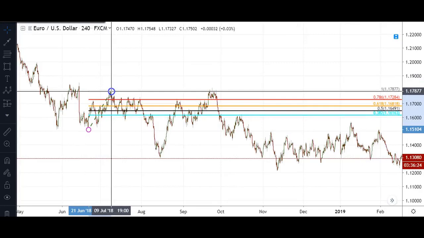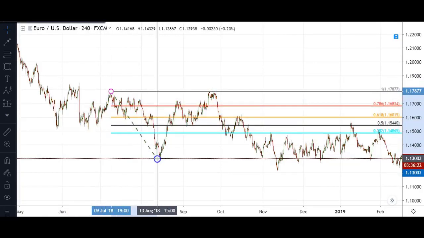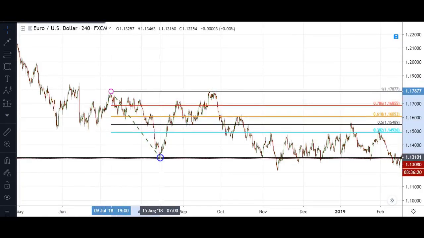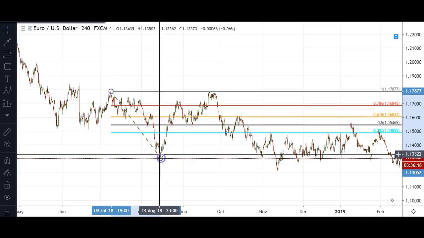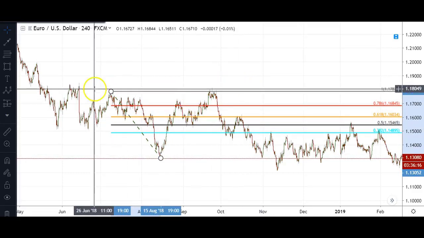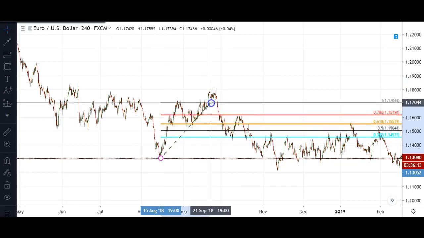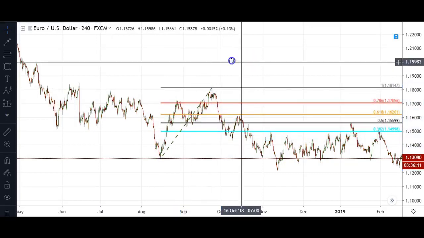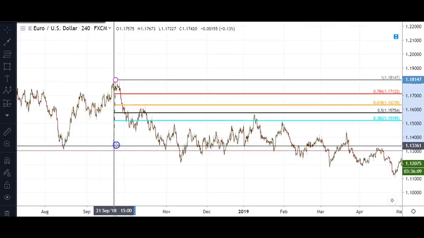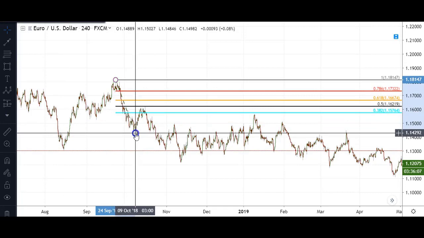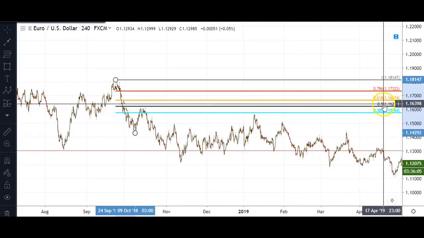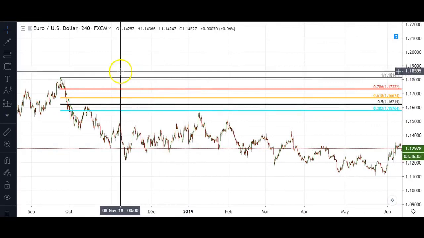Let's move from that high to this low over here, and price actually came all the way back. Let's use a different one. Let's go from that high to this low over here, and in this case the 0.5 worked pretty well as resistance.